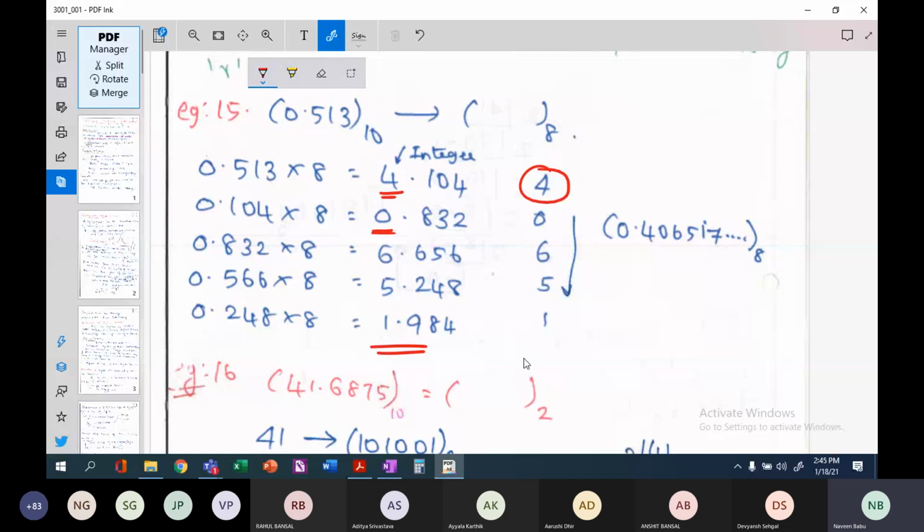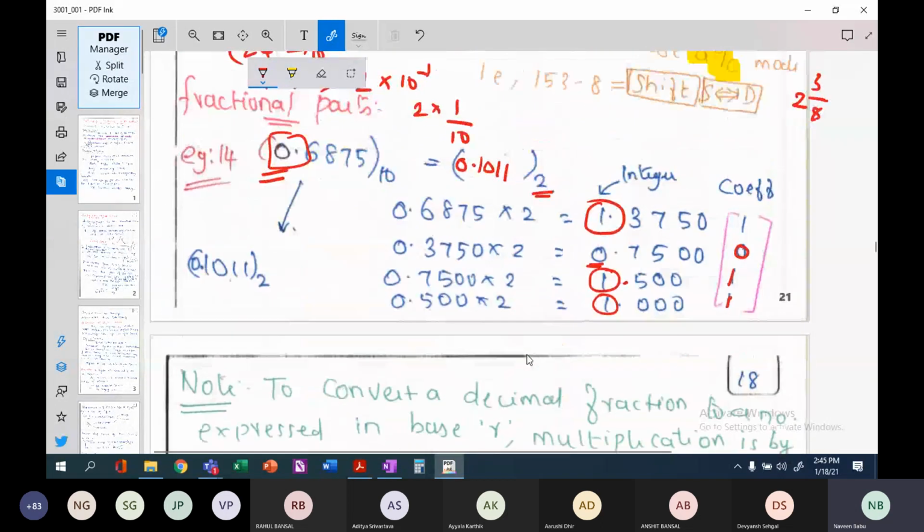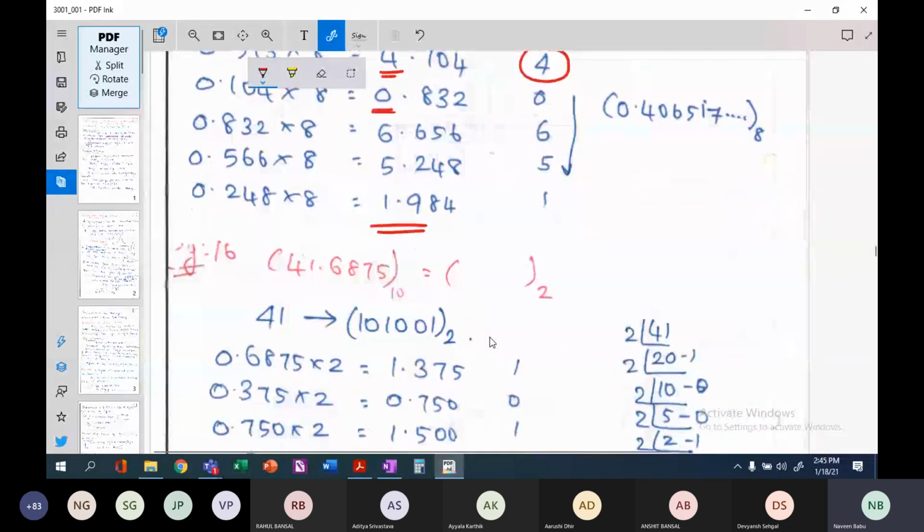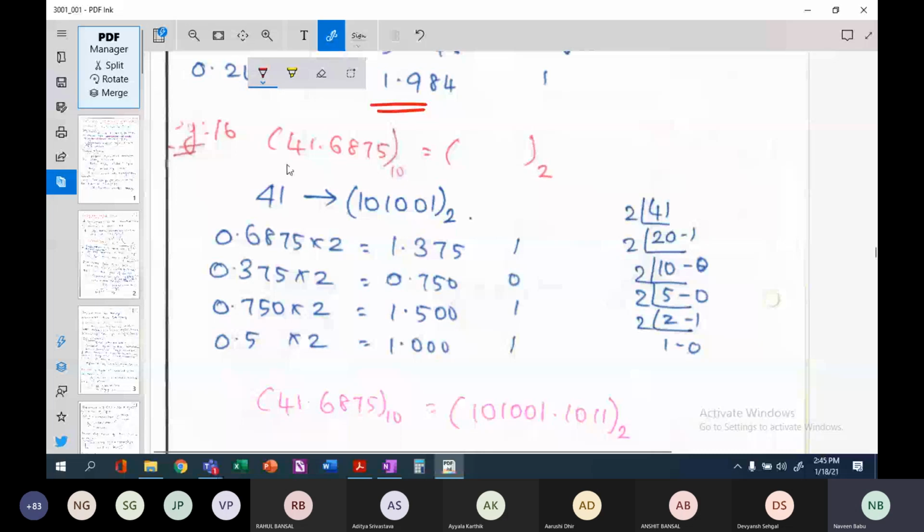So now one more example. We have seen one conversion from fractional decimal to binary, and fractional decimal to octal. One more, with both integer and fractional part combined. How do you convert it into binary? 41 you can convert by the normal division method. The remaining fractional part 0.6875 you can convert using this multiplication method. Multiplied by 2 you find the coefficients 1011.